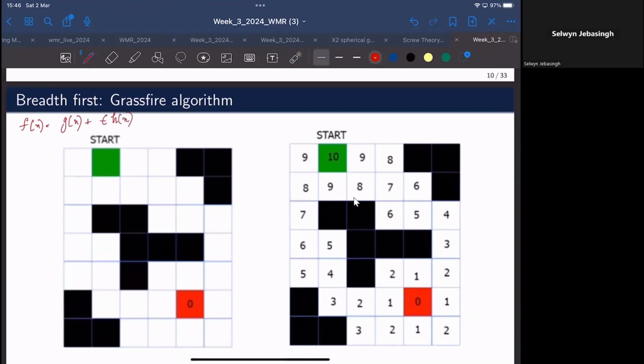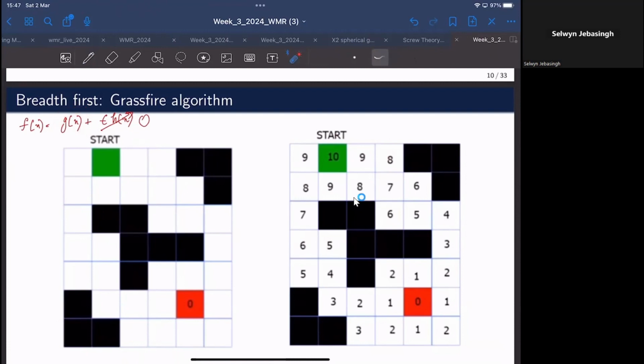In graph search algorithm, we don't consider this heuristic cost. We'll discuss what the heuristic cost means on later slides. In case of the grassfire breadth first algorithm, we only consider the path cost.